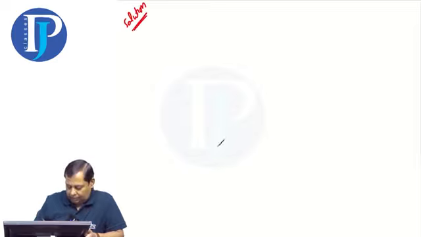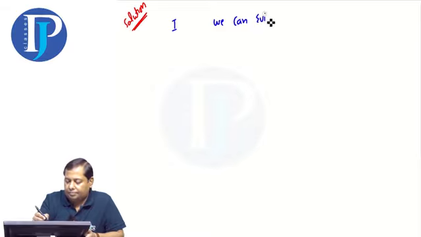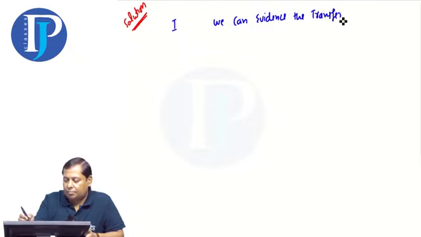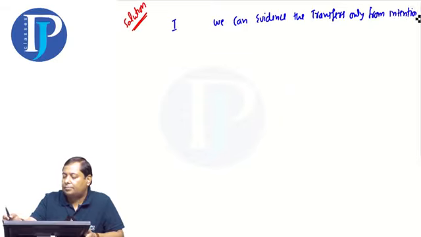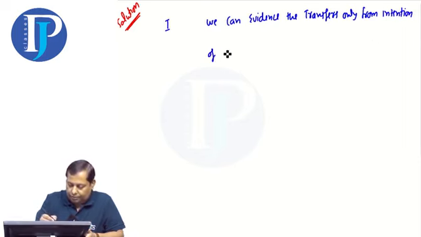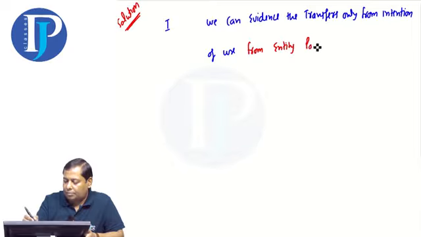Let's write the solution. We can evidence the transfers only from intention of use, from entity point of view.